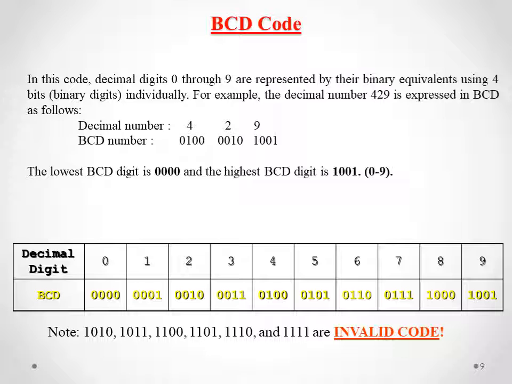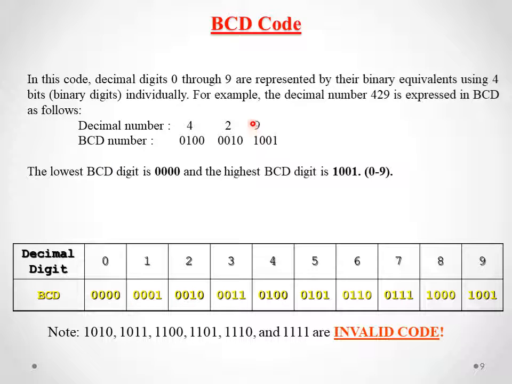Next, how can we represent the BCD code? In this code, decimal digits 0 to 9 are represented by their binary equivalents using 4 bits individually. For example, the decimal number 429 is expressed in BCD form.